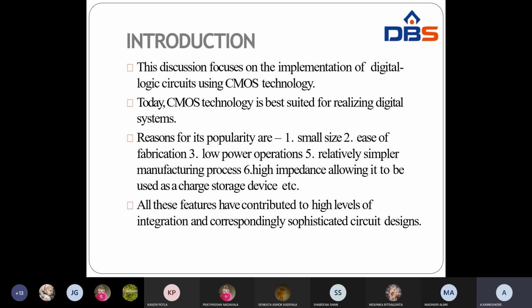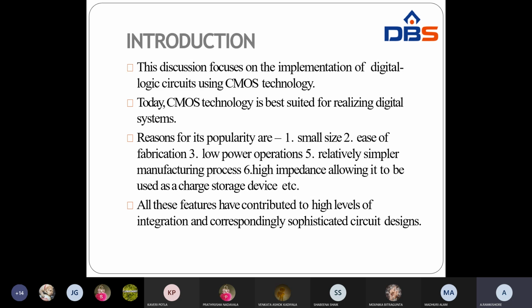Some of the digital systems we use are counters and counting machines. In real life, in departments like the railway, army or navy, we mainly use digital circuits or digital systems, and those are manufactured or realized with CMOS technology.